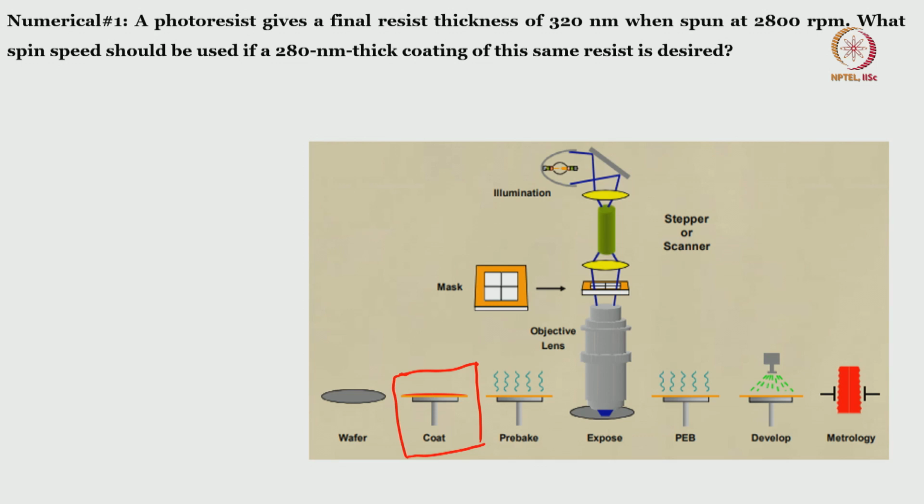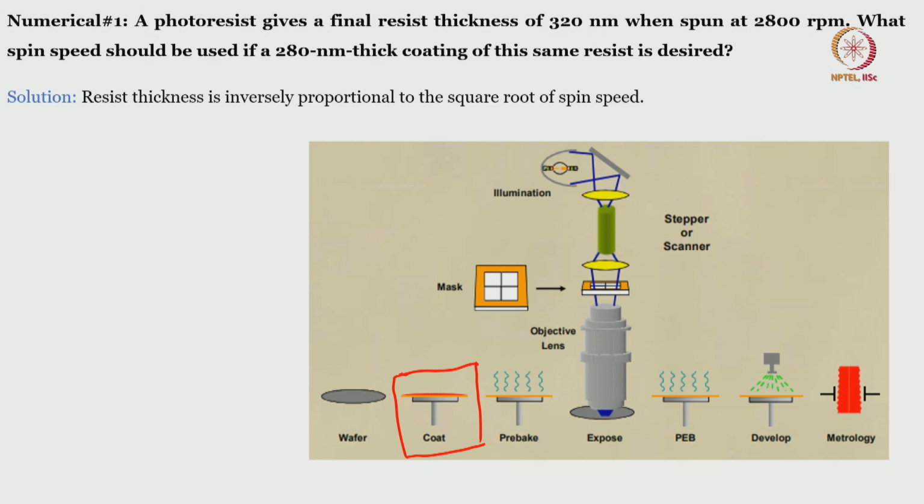Okay. So, as I mentioned, the relationship between spin speed and thickness is already known for a particular resist. It is given that resist thickness D is inversely proportional to the square root of spin speed, right.